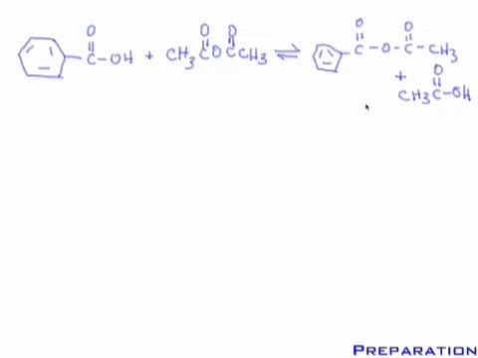Now, the acetic benzoic anhydride can further react with more benzoic acid to go all the way and convert to benzoic anhydride.